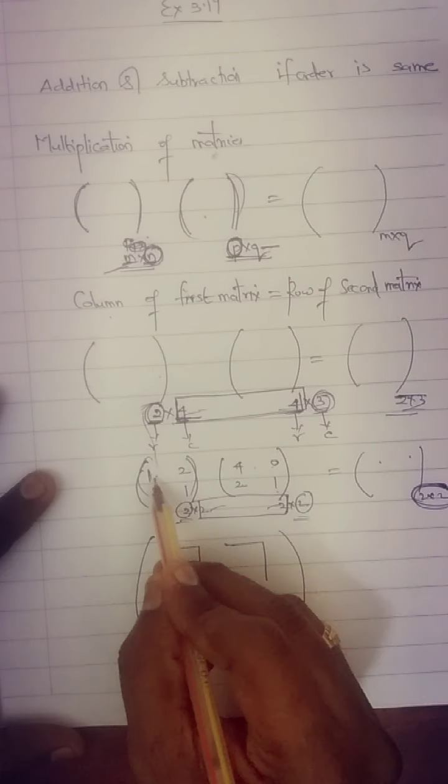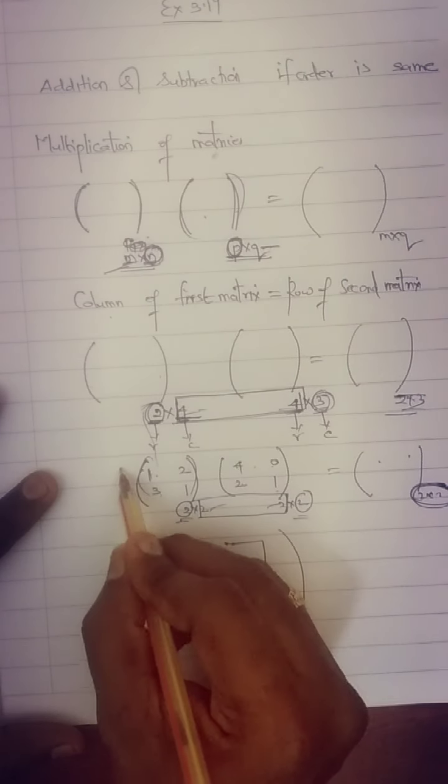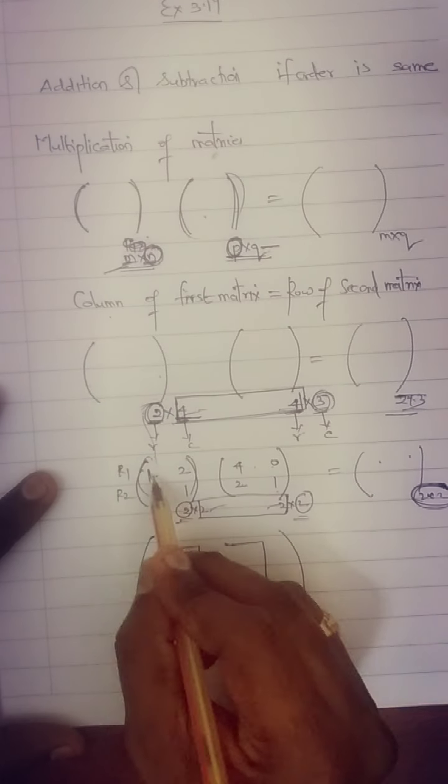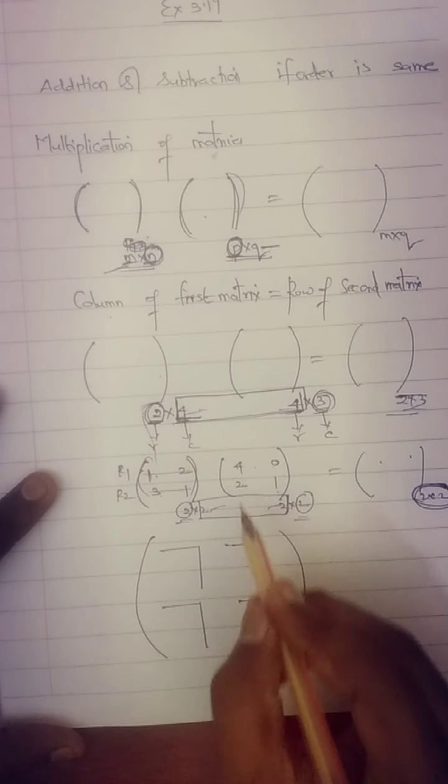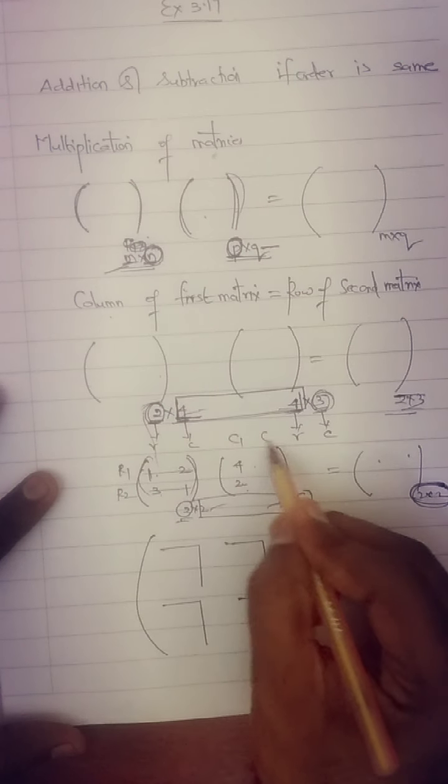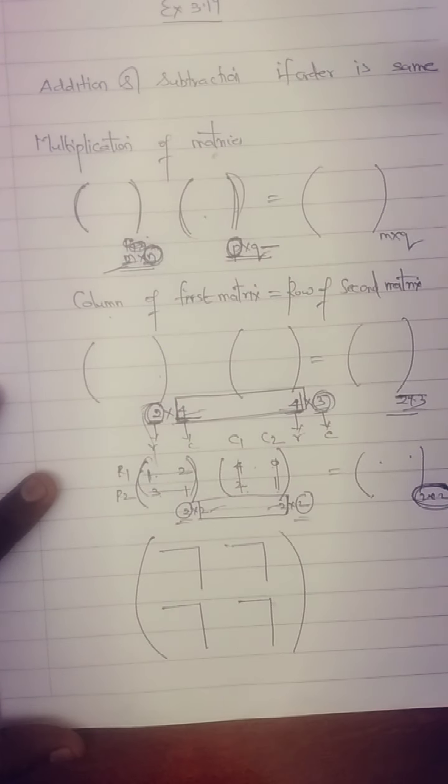This is the first matrix. In the first matrix, I need to take rows: this is the first row, this is the second row. In the second matrix, I need to take columns C1, C2: first column, second column.